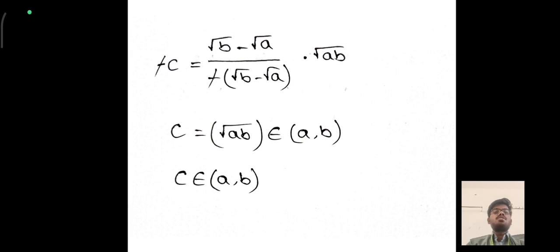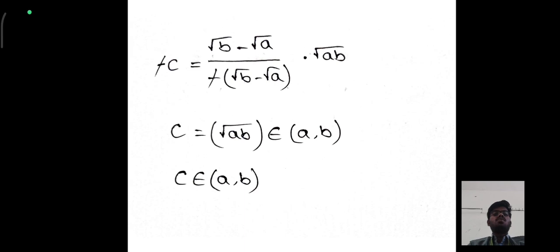Minus c is equal to root b minus root a by root b minus root a into minus 1 into root a root b. c is equal to root of ab.